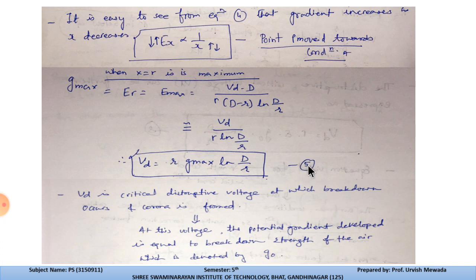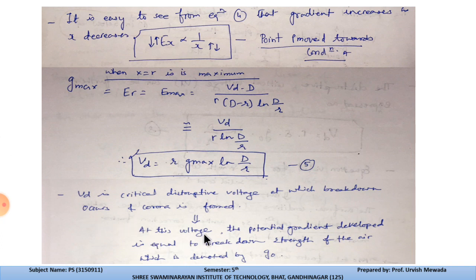If there is moisture in the air, then that air will get ionized and the moisture will get evaporated, and charges start transferring from one conductor to the other. So this is the voltage at which this phenomenon starts, or the starting of the corona.